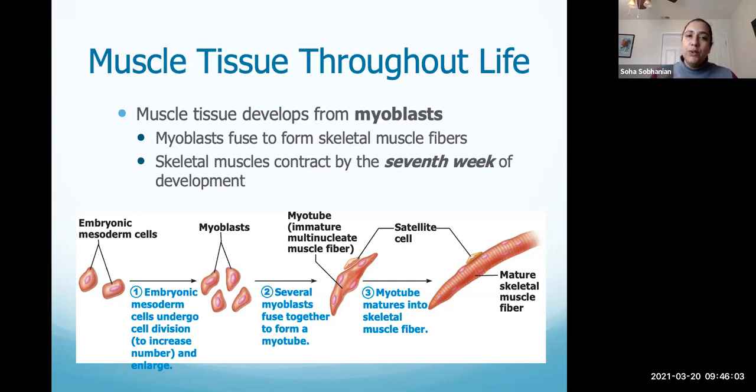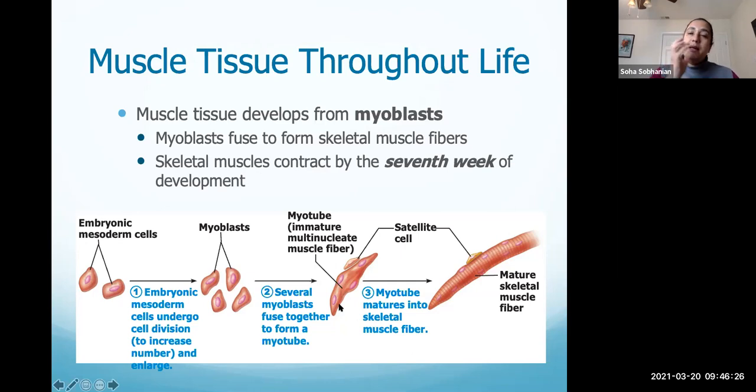As they undergo their changes, what takes place, which is really important, is that some of these myoblasts start to clump together. Instead of having individual cells separated, they come together and form what we call a myotube, which is what you see here.